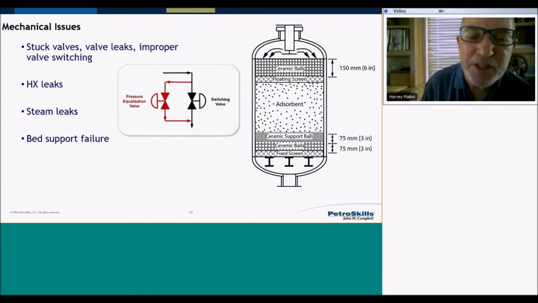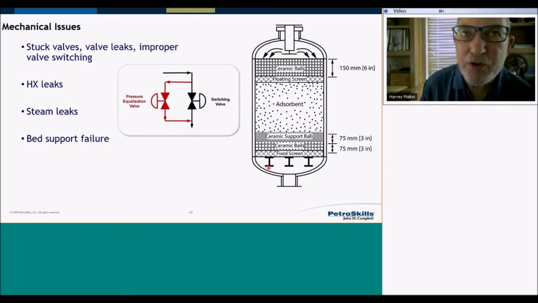A typical bed support failure is shown over here. This is a beam type arrangement where we take wide flange beams and we build a bed support system on top of the beams. These beams need to be designed in order to expand.